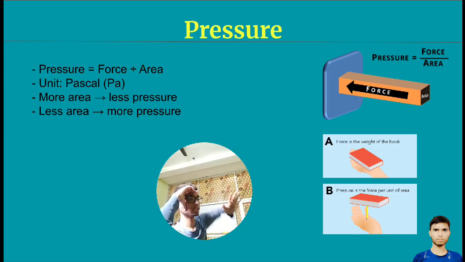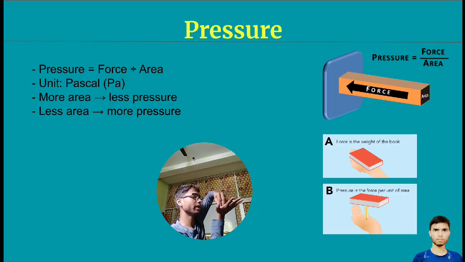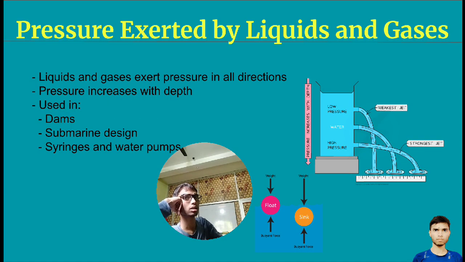Pressure is a perpendicular force, and it takes an area. If the area of this is less, then pressure would be more. If the area of this object is more, then pressure would be less. This is what we saw in this slide. And here you can see in a beaker, water is filled fully, and there are three holes.